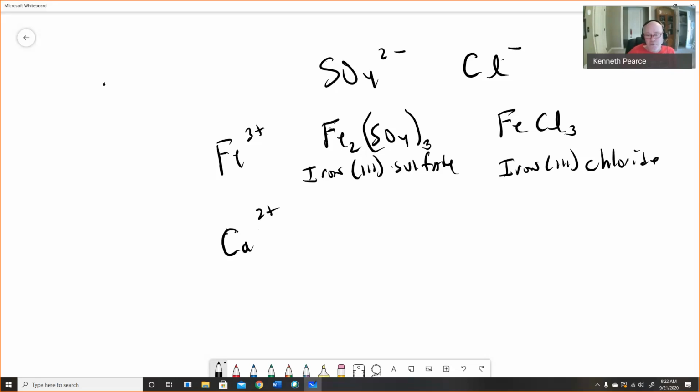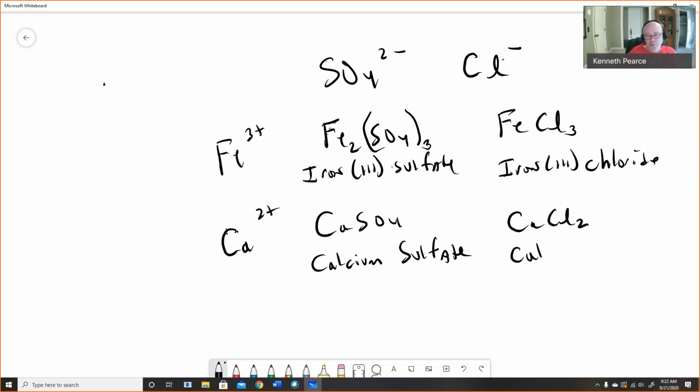So we have a sulfate, we have a chloride, and we can do the same thing with the calcium and the sulfate. Well, they're already equal, so we just push them together. And that would be calcium, name the metal, name the polyatomic. And we could have the same thing over here. We push the calcium and the chlorine together, cross the charges, and this becomes calcium chloride.